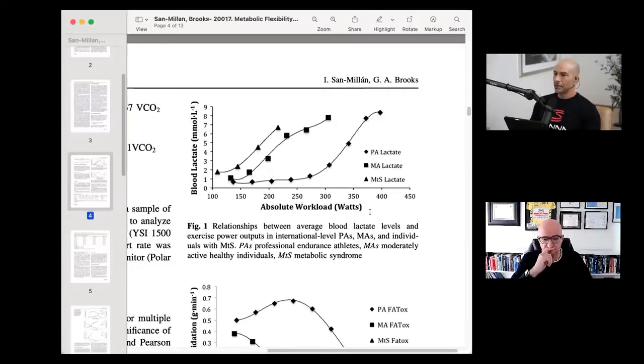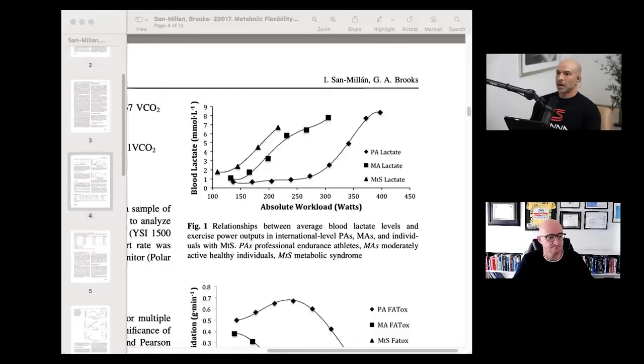Any incremental workload that is placed on them takes them right out of zone 2. By the time they're at 100 watts, they're already at the threshold of their zone 2.